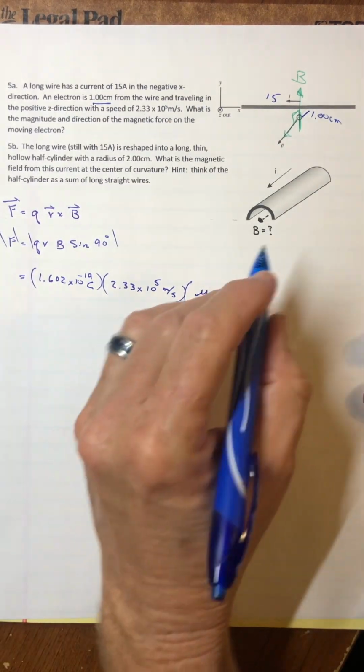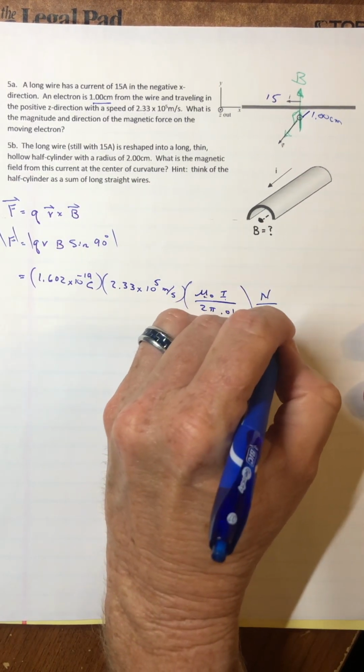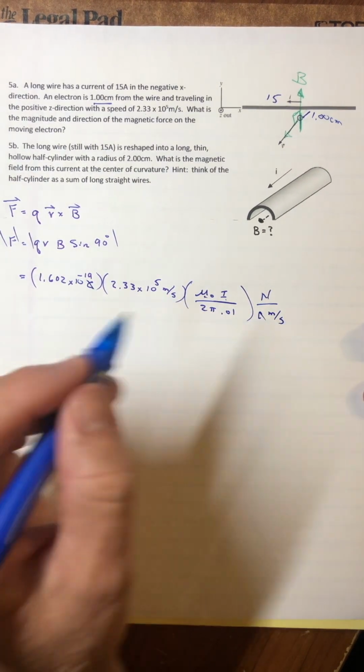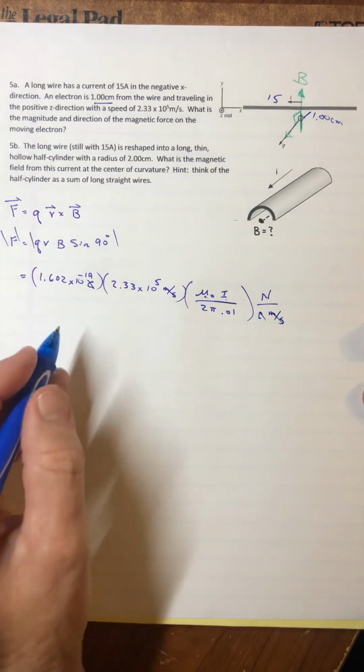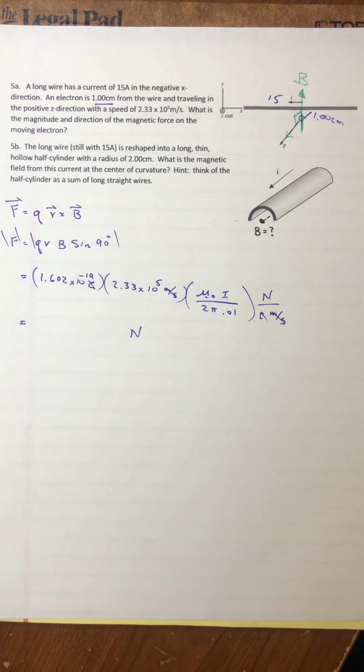And that would be in units of Tesla, which I can write as a Newton per coulomb per meter per second, so that the coulombs cancel and the meters per second cancel, and we're going to get a force.